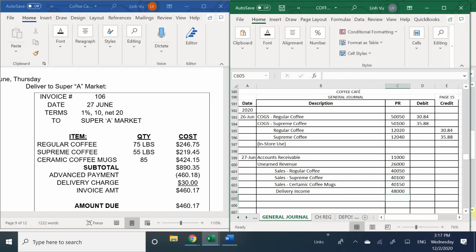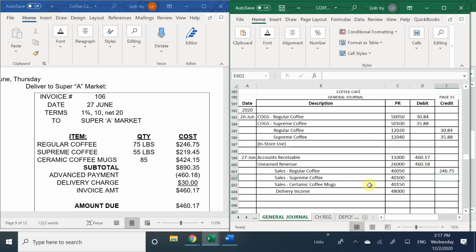All right, so let's see here. Up in the accounts receivable, the debit column is going to be the 46017. And the unearned revenue will be the 46018. Okay. And for the regular coffee, that is $246.75.